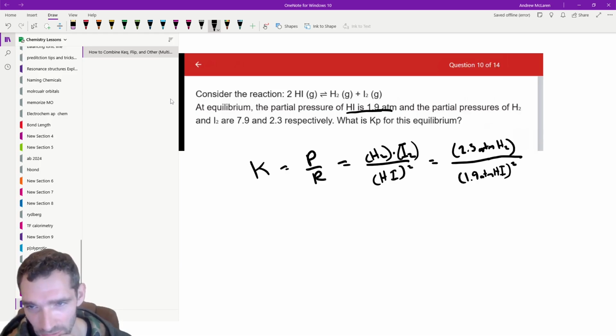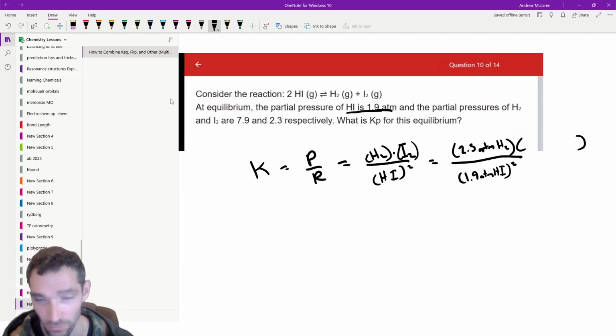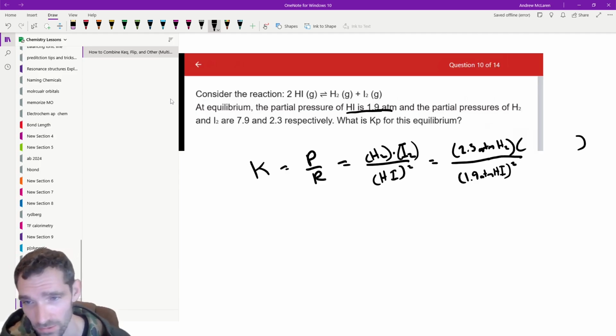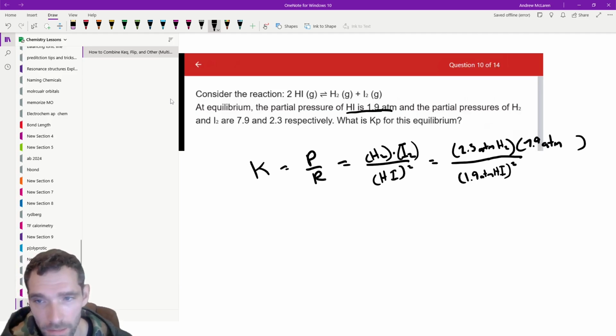But I'm going to write in the units just to have good practices for other problems where maybe this is up to 2 or 3 or something like that. So you would just need to be careful which part you put it in, because you'll get a different number otherwise. And then actually this is the H2 number, and the other one was the I2 number.